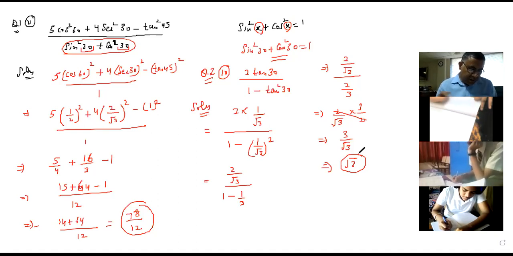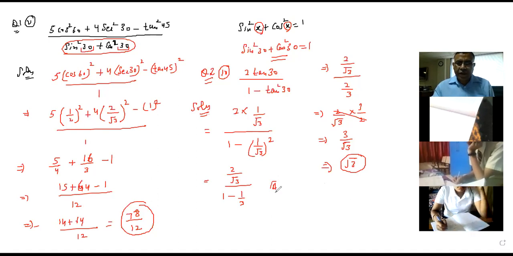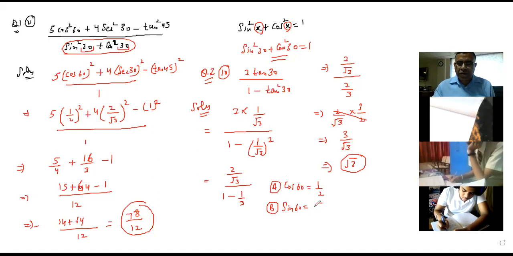He has given us the first value, cos 60, A. Cos 60 is half, so it doesn't match. Come to option B, sin 60. Sin 60 is always equal to under root 3 by 2. This doesn't match. C value, tan 60.